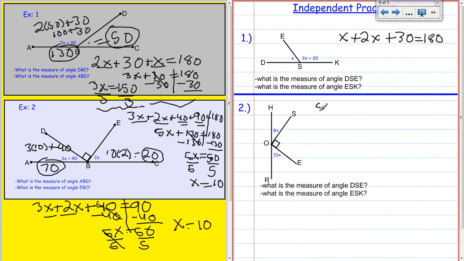I could set it up like this, 8x plus 10x equals 90 degrees, or I could do 8x plus 10x plus the 90-degree angle, because it does make a straight line, equals 180. So I could solve it either way to find my measurements. Remember, plug x back in to find your two missing angles.